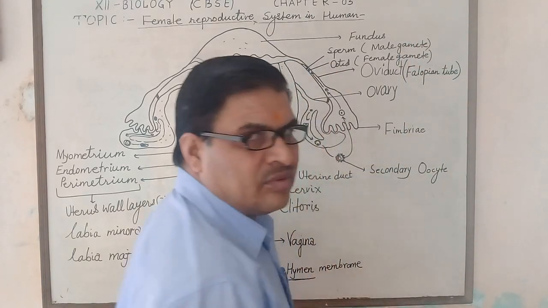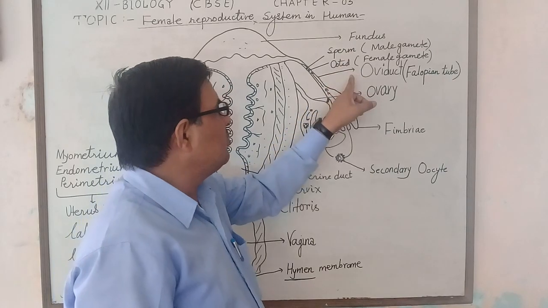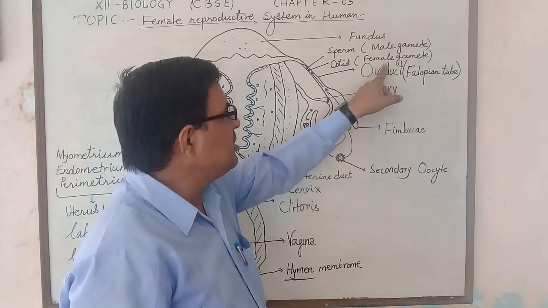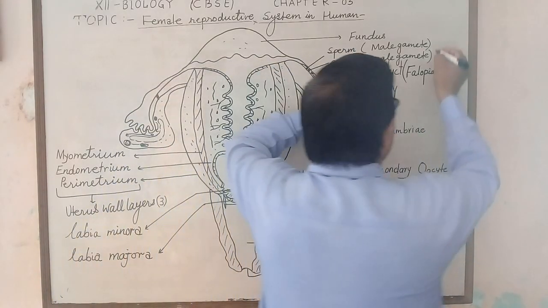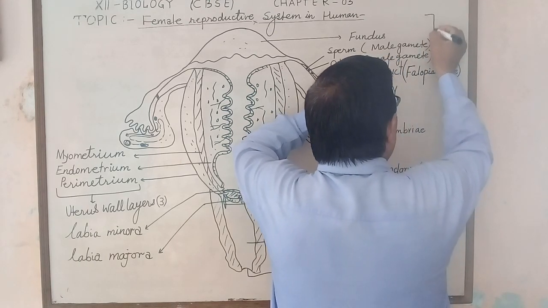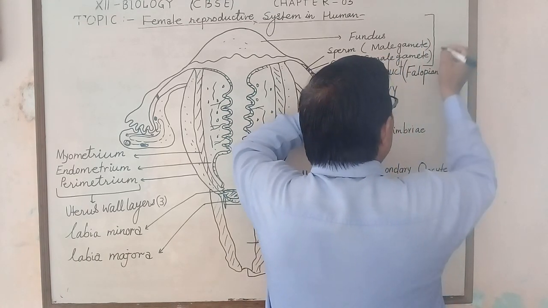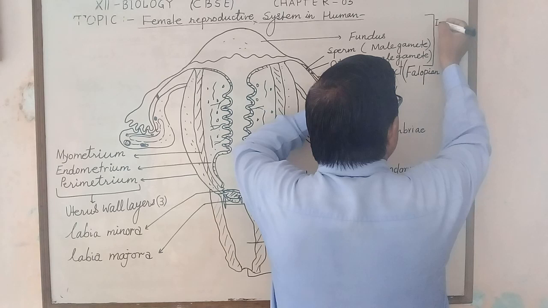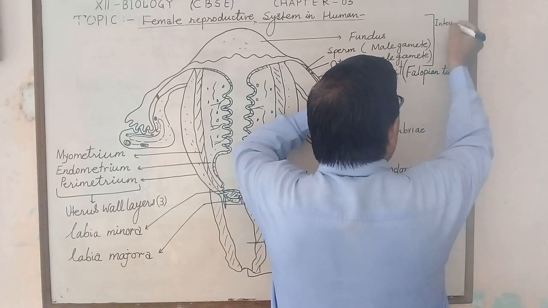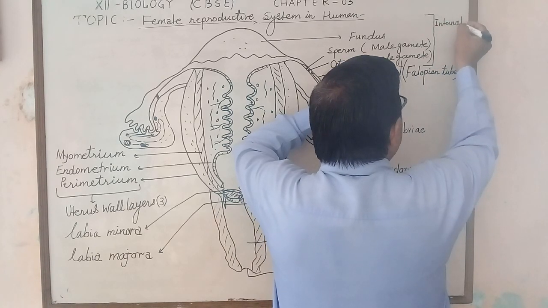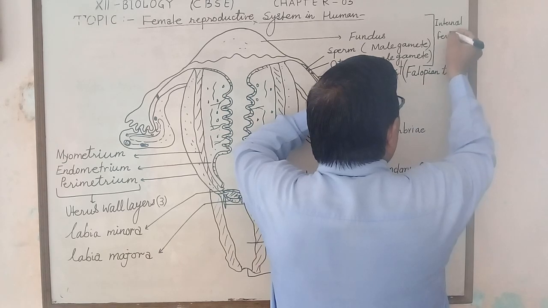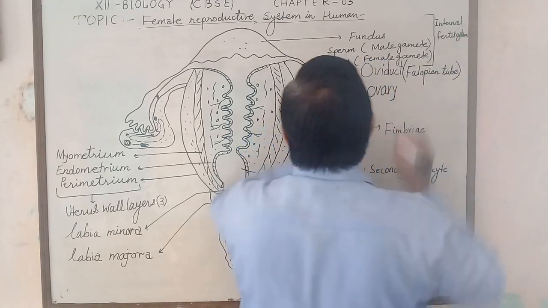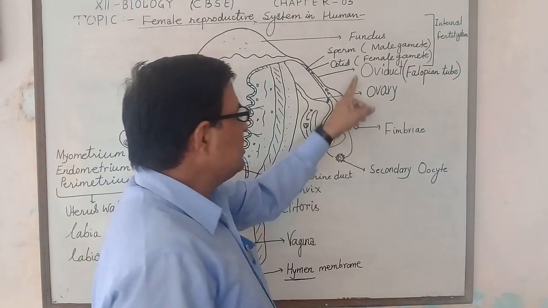The fallopian tube or oviduct is the place where internal fertilization takes place.